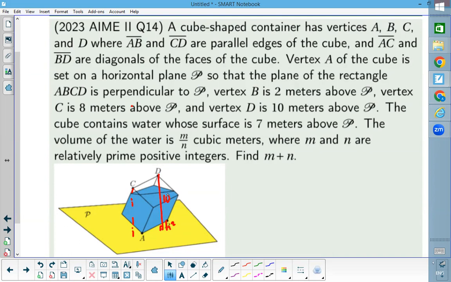And here's a very interesting fact: the diagram is oriented in a way that ABCD is perpendicular to the plane P.